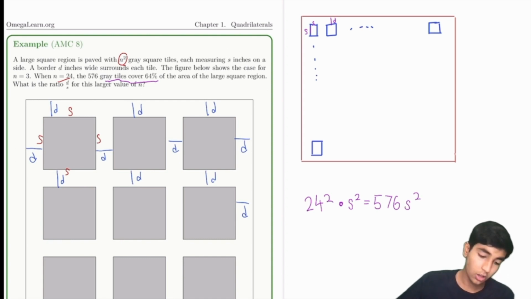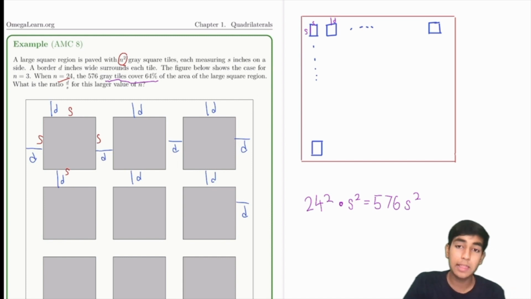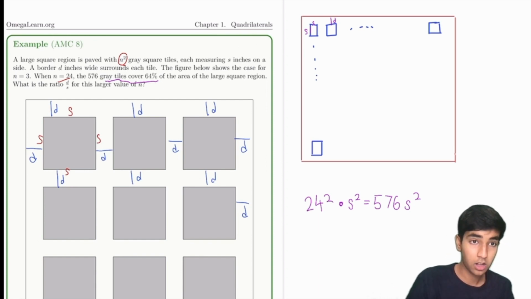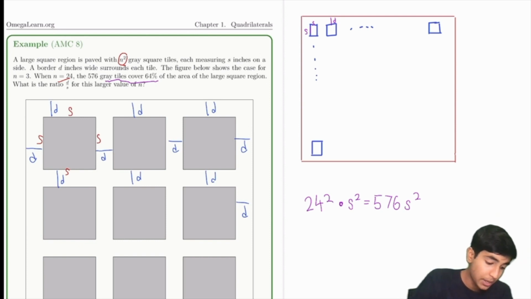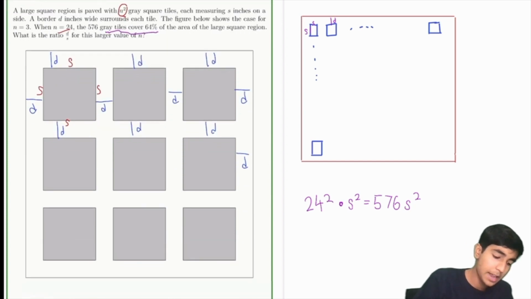And also the total area of the entire region, what will that be? Well, the entire region is a square, but what is the side length of the square? To find the side length of the square, there's a bunch of pieces. Let's look at the 3 by 3 case to get an idea.